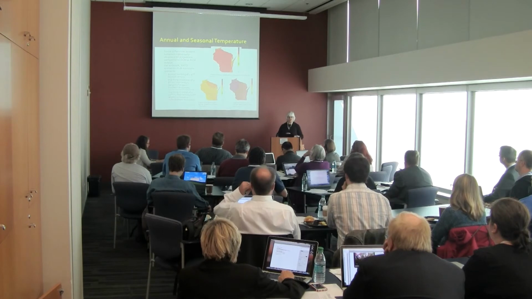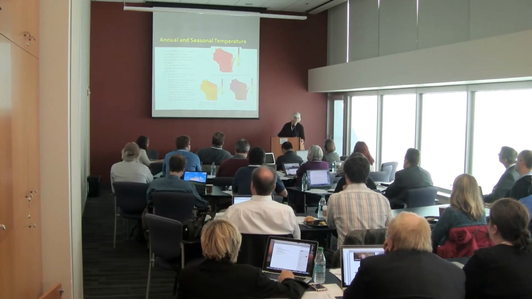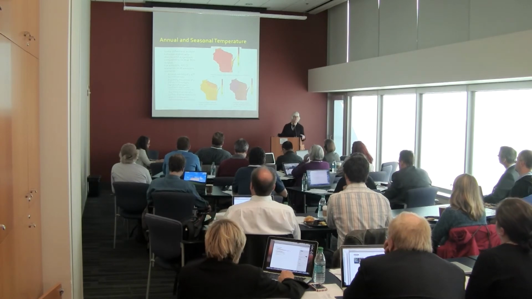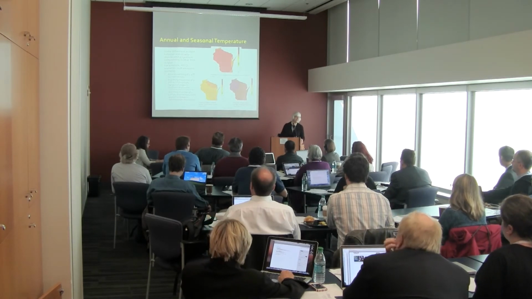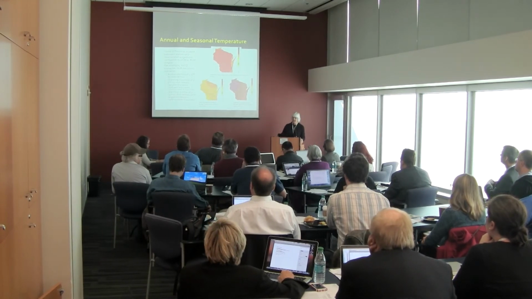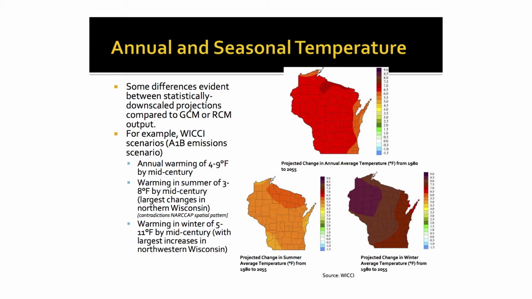Now what we tried to do is compare these two projections that were being used as the baseline for the National Climate Assessment with the good work that's been done in our area by climate scientists to look at regional climate change. For example, there is a group out of the University of Wisconsin called WICCI, W-I-C-C-I. It's Wisconsin plus state government, and they have developed scenarios for Wisconsin.